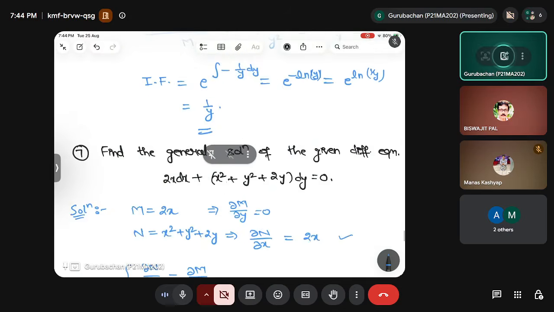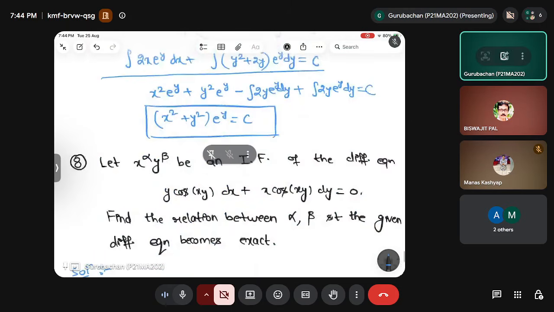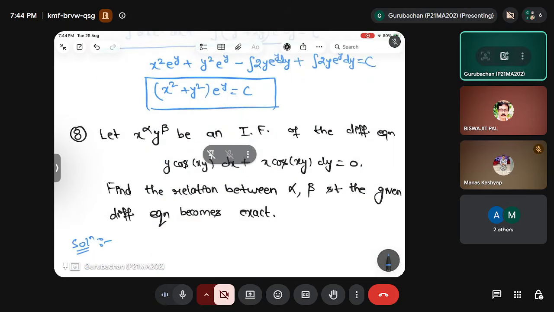See, I'm telling you already that the integrating factor has this form. You need to find the relation between alpha and beta, so that after multiplying this with the differential equation, you will get the differential equation to be exact. Sir, alpha equal to beta.